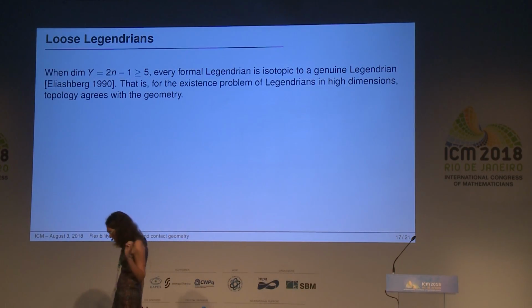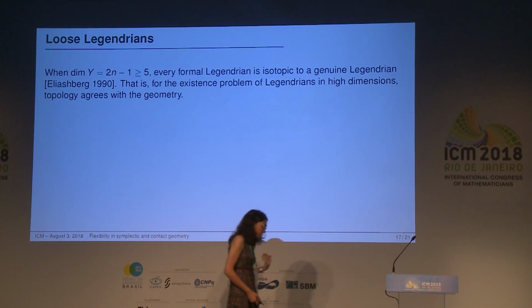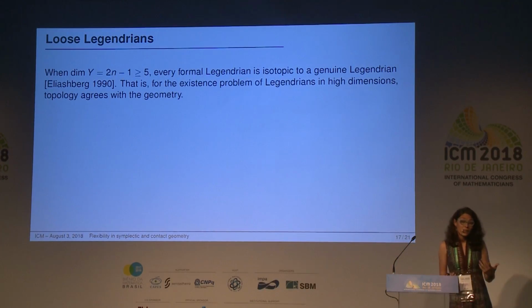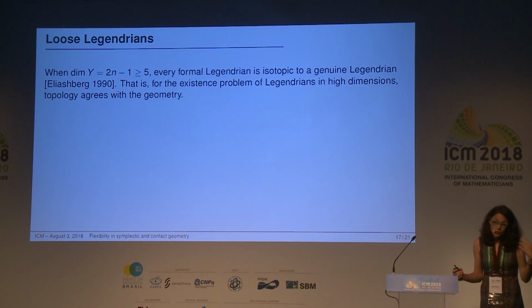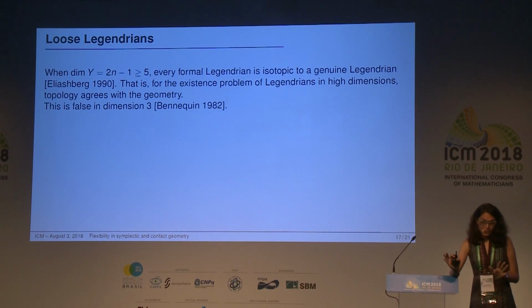Now, if I'm in high dimensions, it turns out that for Legendrians, there is an existence result, which says that anytime I have a formal Legendrian, it is realized by an actual genuine Legendrian. So this is false in 3 dimensions.